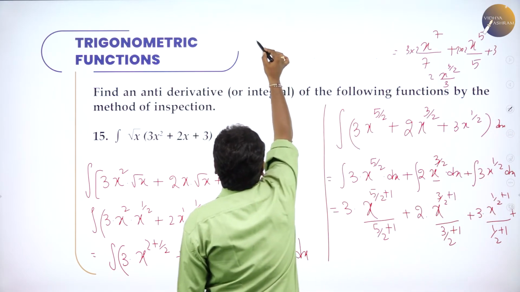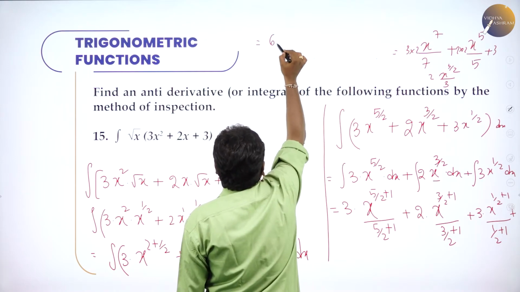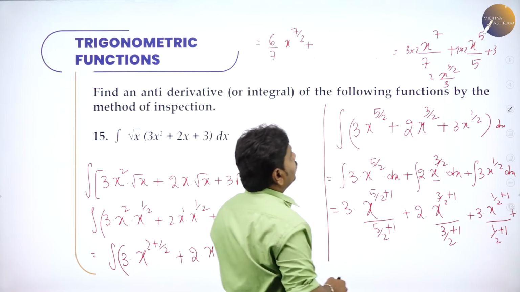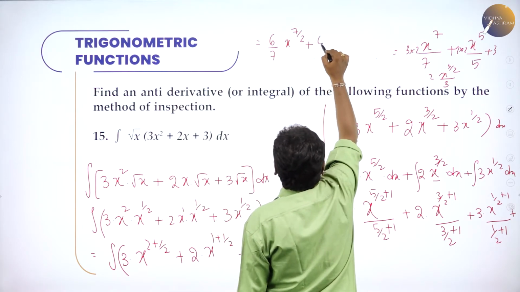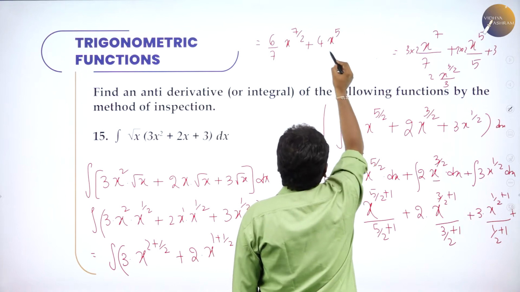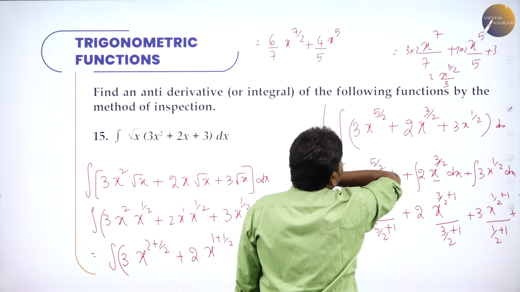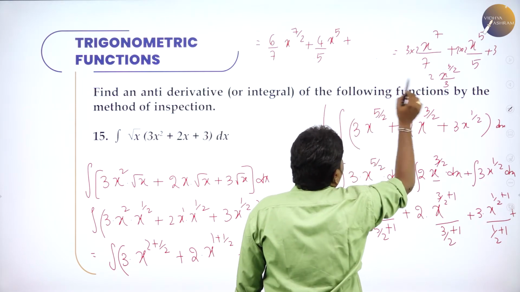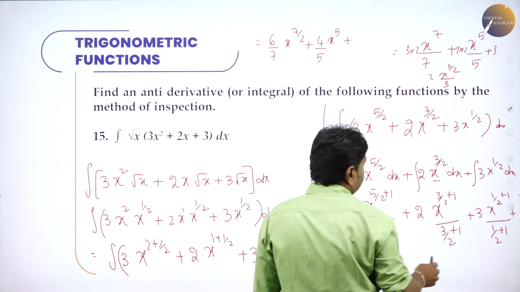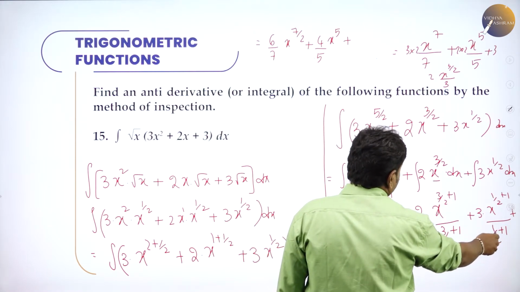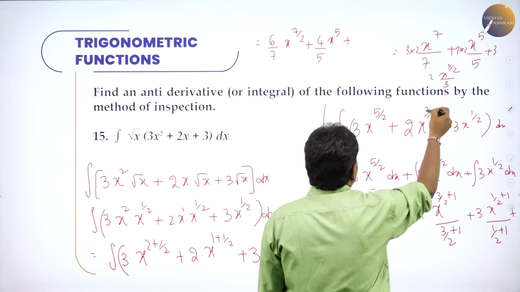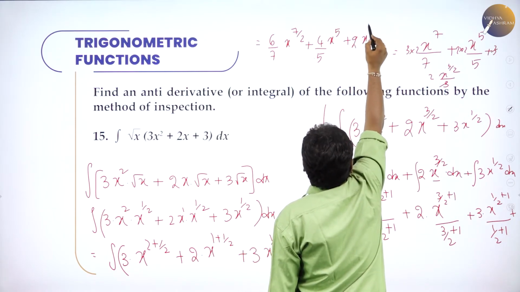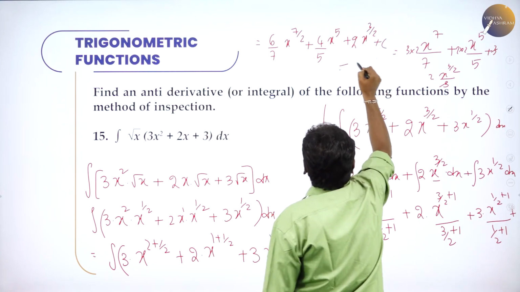That is equal to 6/7 x^(7/2) plus 4/5 x^(5/2) plus 2 ones are 2, 3/2, the 3 and this 3 cancel, 2 into x^(3/2) plus c.